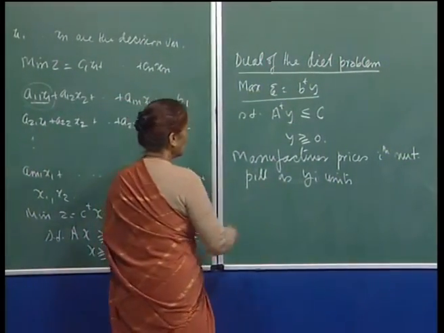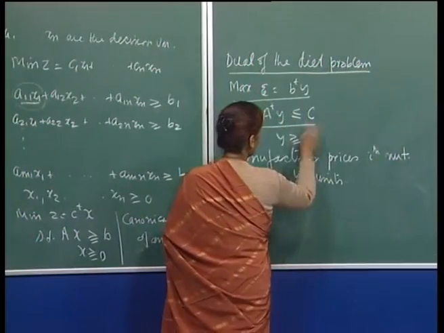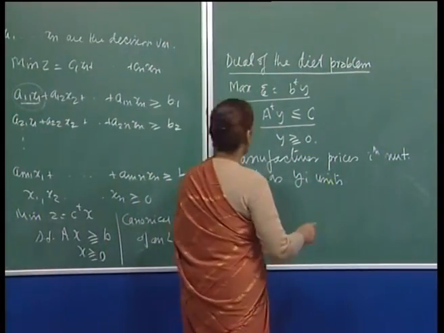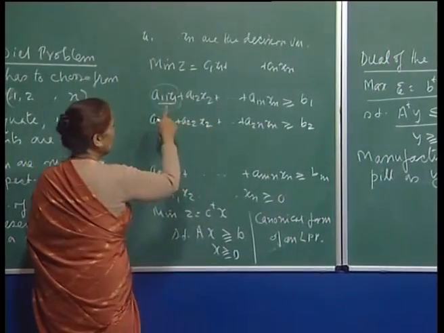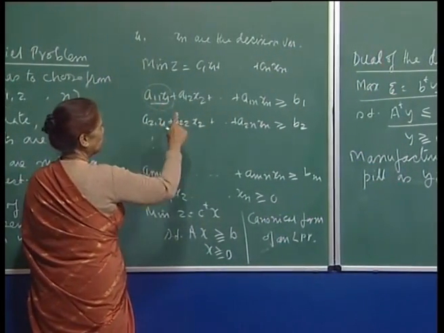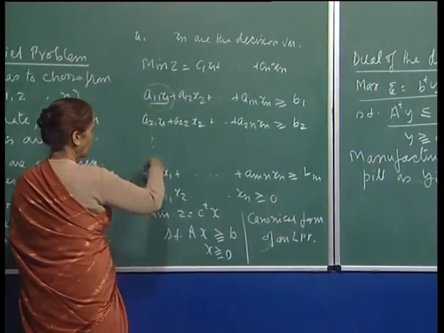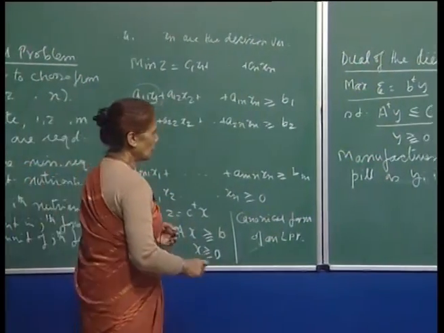Look at the first constraint here. So, this is A transpose. Remember your A is A11, A12, A1n. So, when you write A transpose, the first row of A transpose is the first column here, right. So, what will it be?